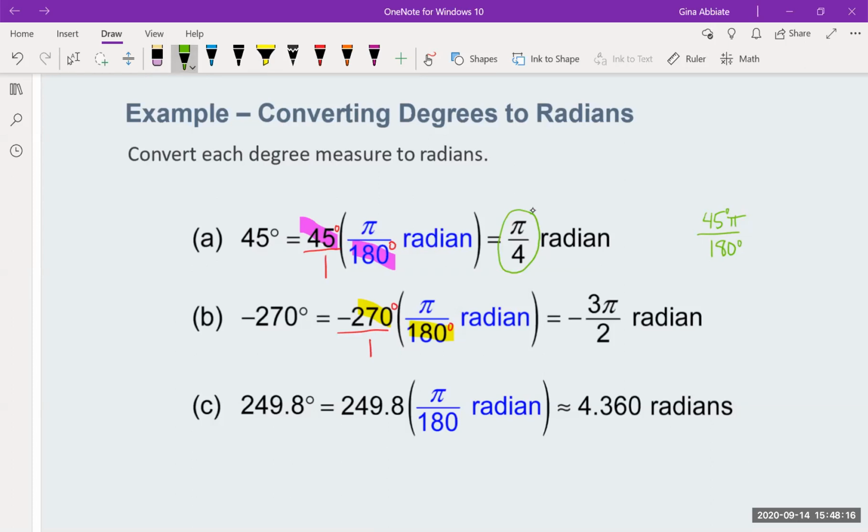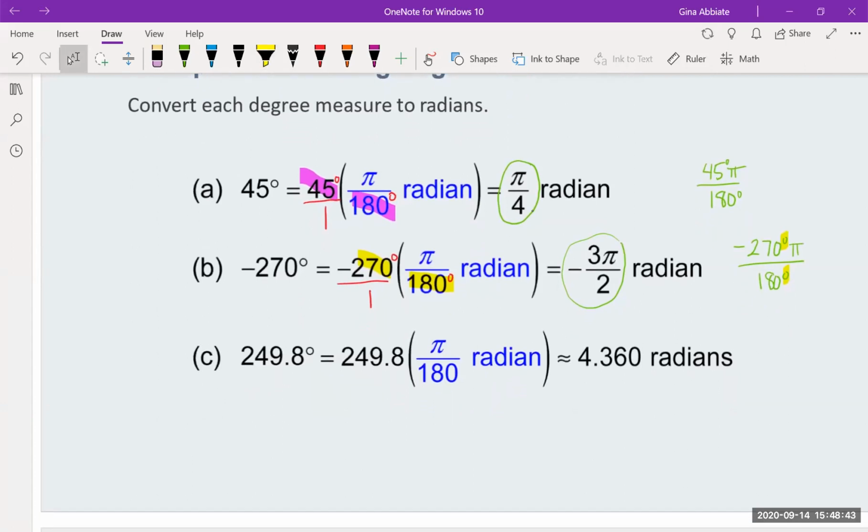I end up with negative, in this case, 270 degrees times pi over 180 degrees. And that negative 270 over 180 will simplify to be a negative 3/2. Again, notice that the degree symbol and the degree symbol will cancel each other out because we have one in the numerator, one in the denominator.